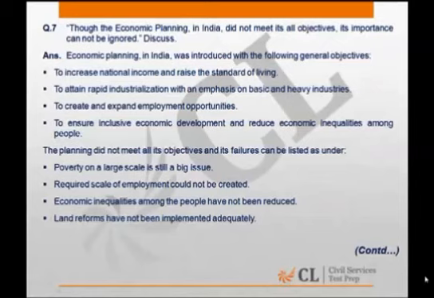About the circumstances, you all know: post-freedom circumstances, insufficient agricultural products, and a high level of import of cereals from foreign nations forced India to start the Green Revolution.